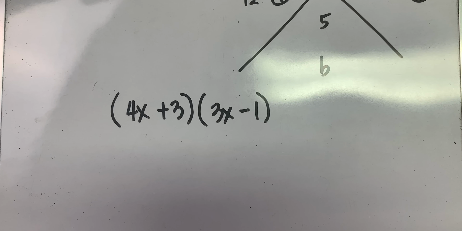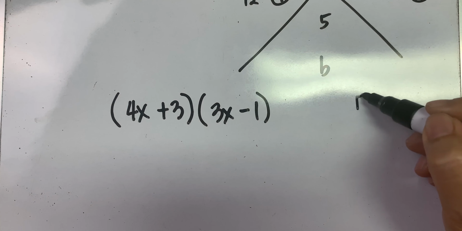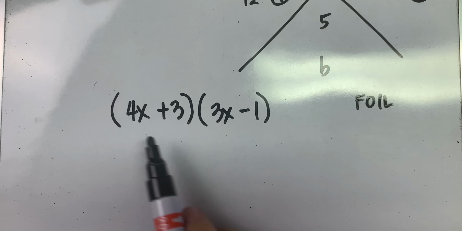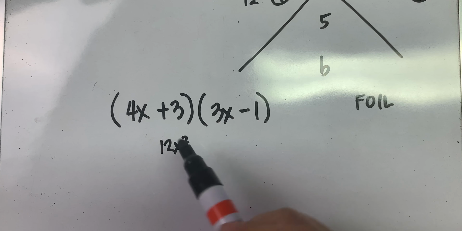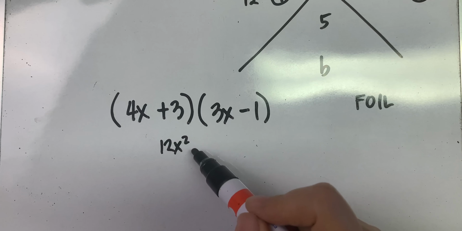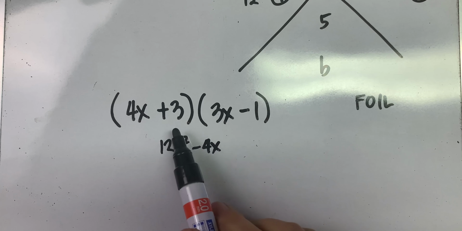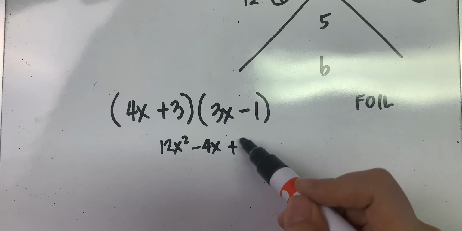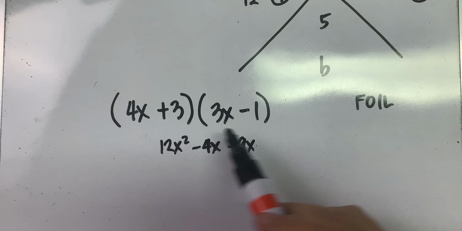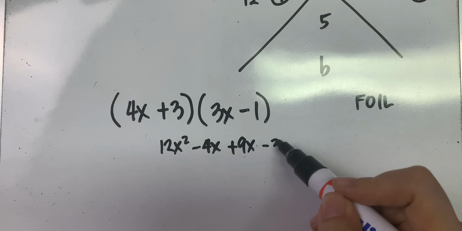Again, para malaman natin kung tama yung sagot natin, we'll use the FOIL method. So, 4x times 3x is 12x squared. 4x times negative 1 is negative 4x. Positive 3 times positive 3x is positive 9x. Positive 3 times negative 1 is negative 3.